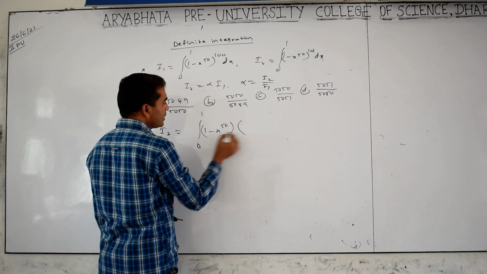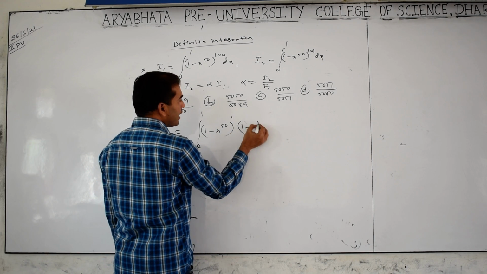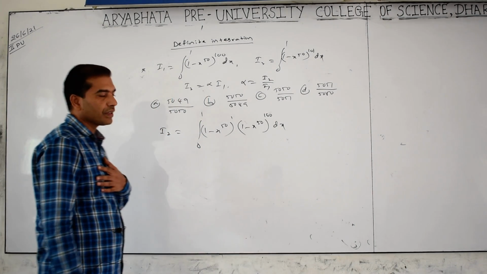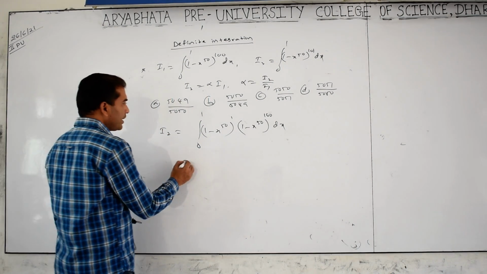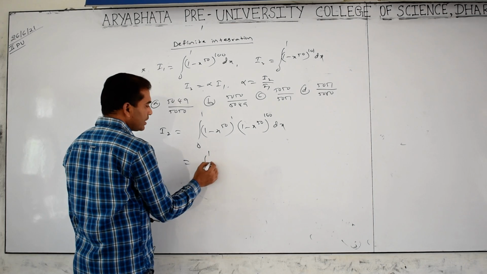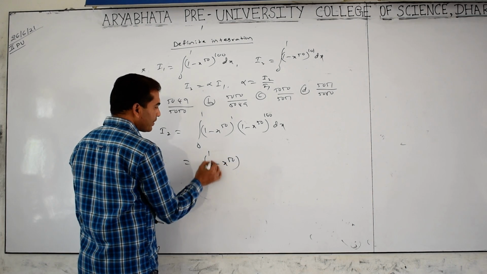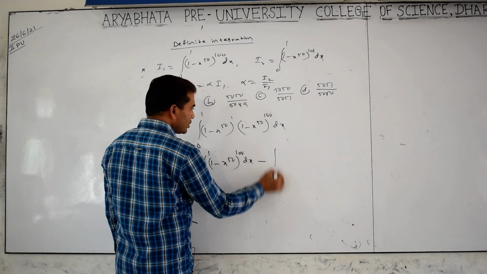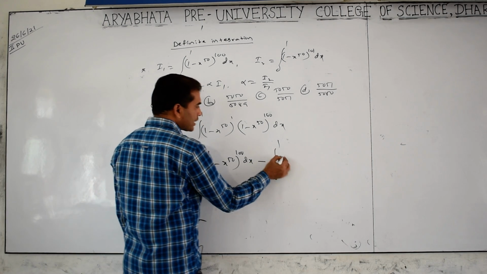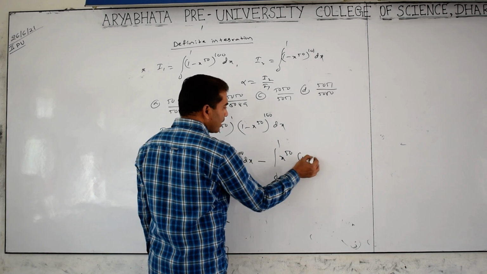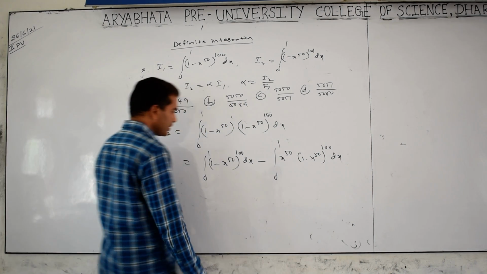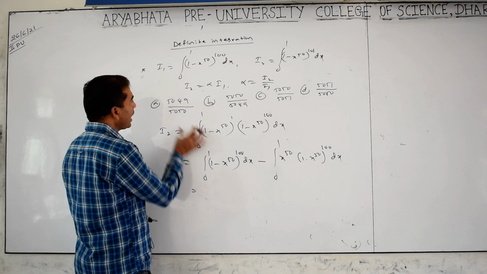So can I write it like this: whole power 1 and (1 minus x power 50) whole power 100 dx? Yes. Integration from 0 to 1 of 1 into (1 minus x power 50) whole power 100 dx, minus the integration from 0 to 1 of x power 50 into (1 minus x power 50) whole power 100 dx.